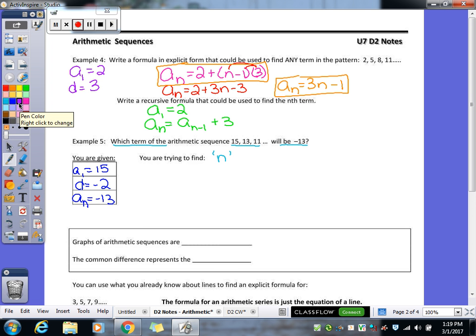So still using that formula, instead of a sub n equals, we're going to put negative 13 equals. And then it's our first term plus n minus 1 times our negative 2. So still that same formula, we just have different stuff we're plugging in this time. So then to try to solve for n, we would distribute our negative 2 first. So that would give me 15 minus 2n plus 2.